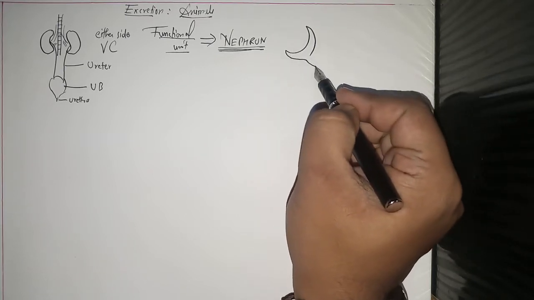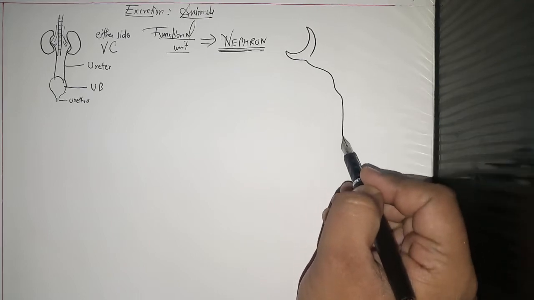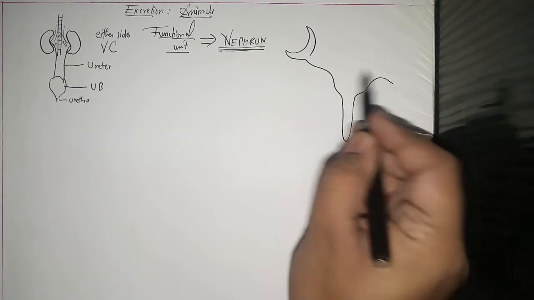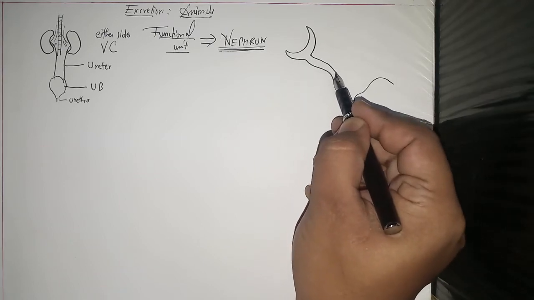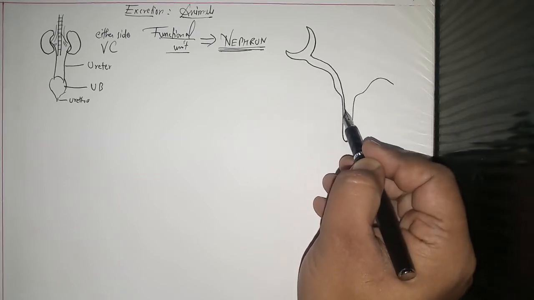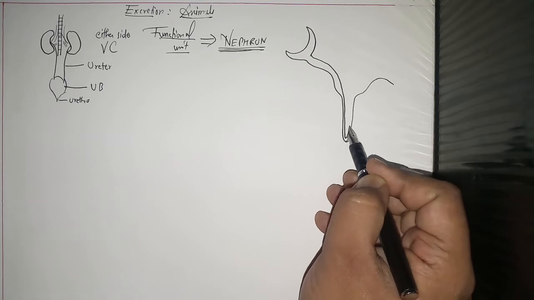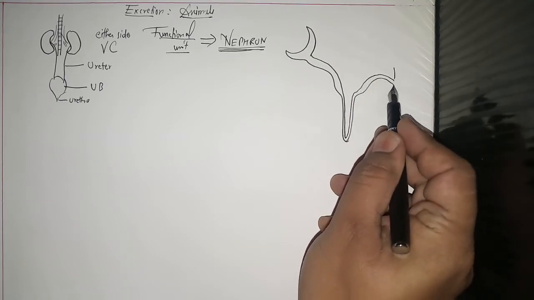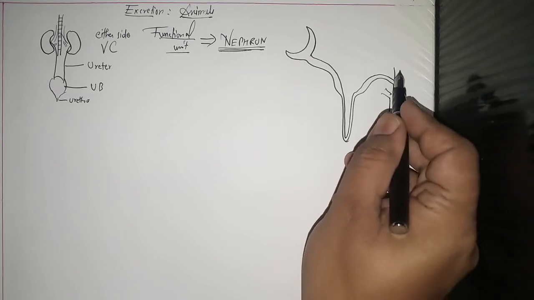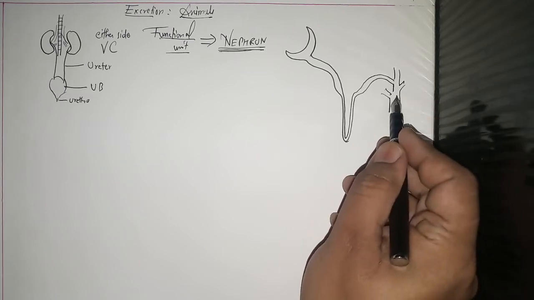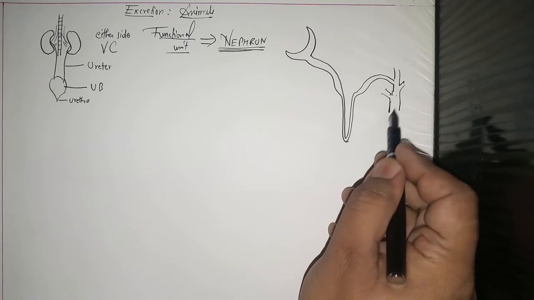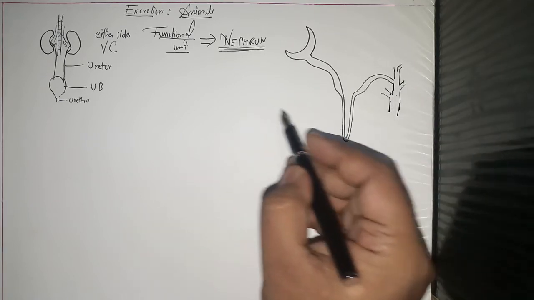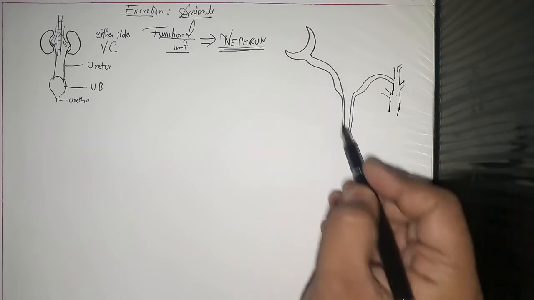It may look like a snake. So these are tubules of the nephron.